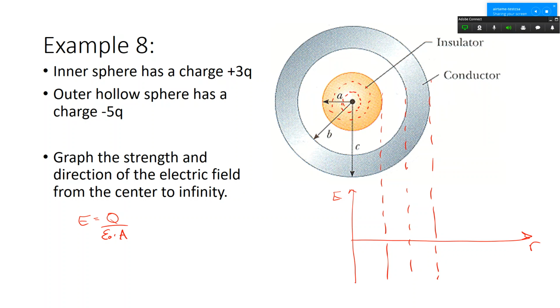Yeah. And if I took the whole thing, absolutely. So my charge enclosed is increasing with distance. Because my charge enclosed and my electric field are directly proportional, my electric field is increasing too. So we can draw something like that.